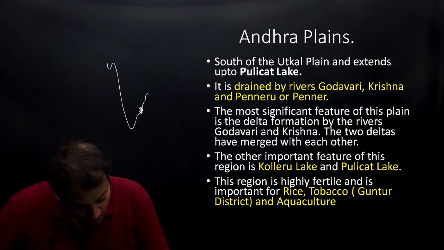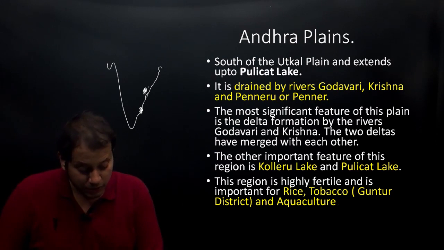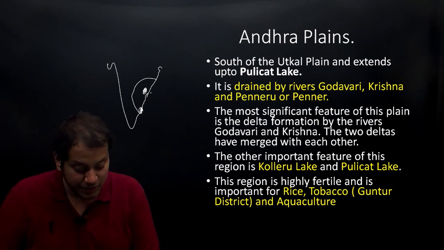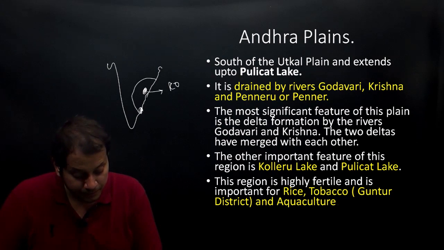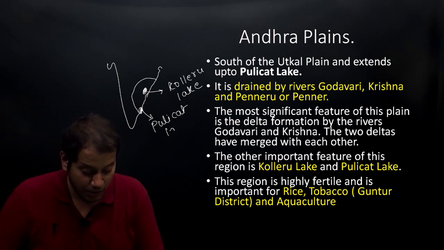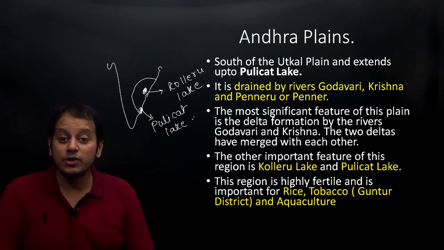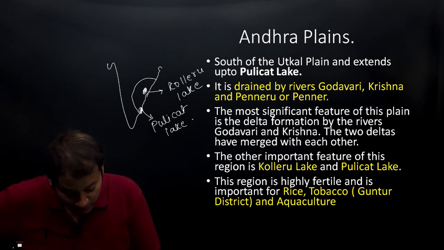One is Kolleru Lake, and the other is a small lake known as Pulicat Lake. So this part is the Andhra Plain region. You can look at it in the atlas. This is not the only feature.